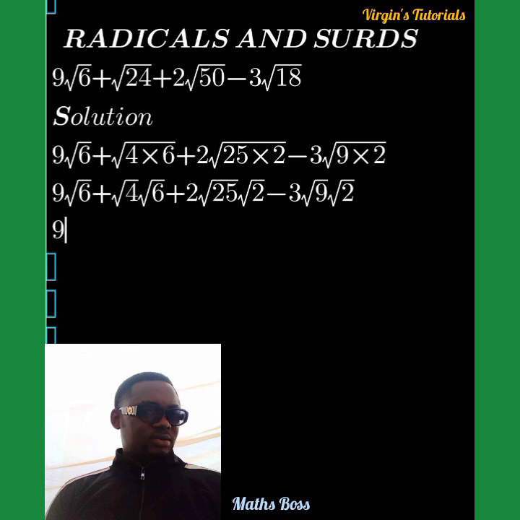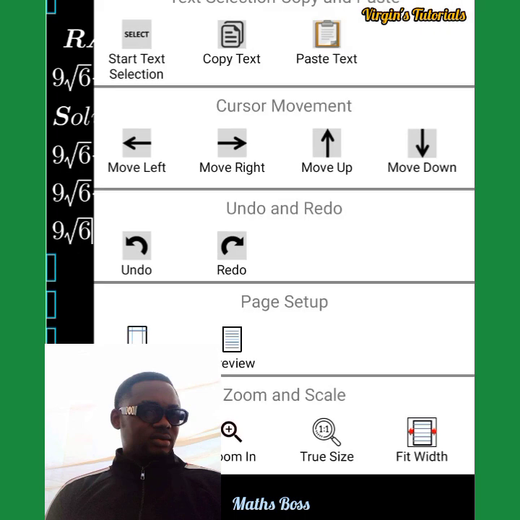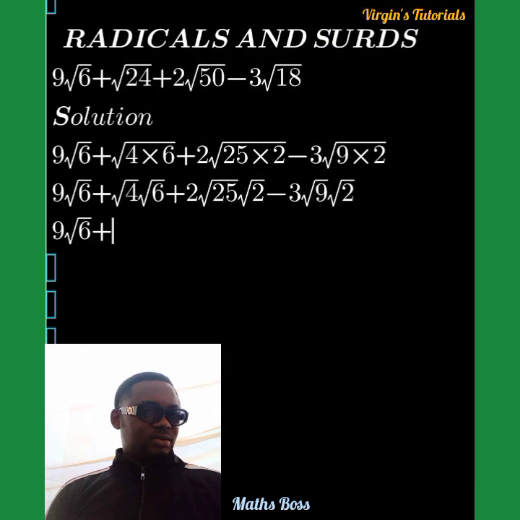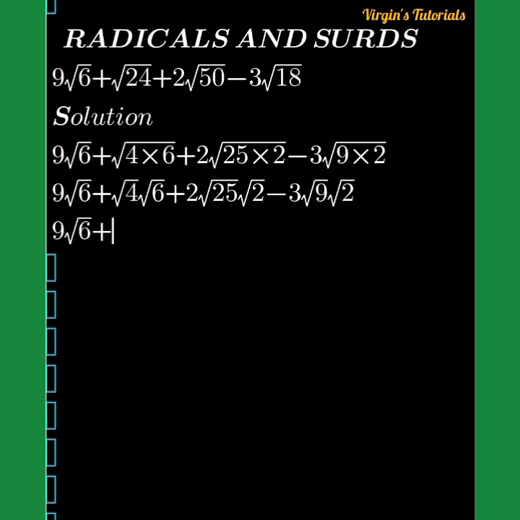Now I have 9 root 6, plus the root of 4, which is 2, because 2 times 2 is 4. So I now have 2 times root 6.